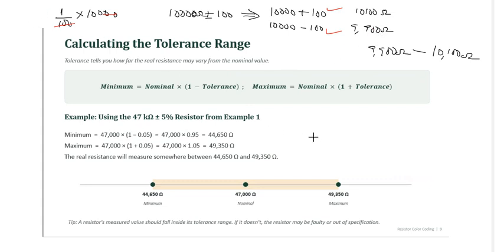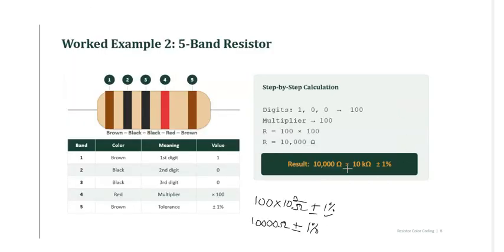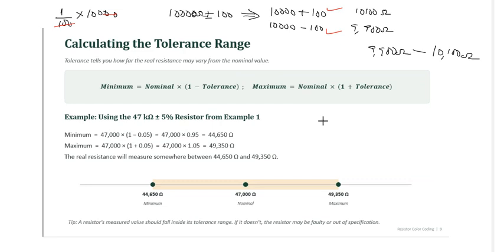Let's take the example we have seen and plug it in, for this 5-band resistor. If we want to get the minimum value, it is equal to the nominal value.